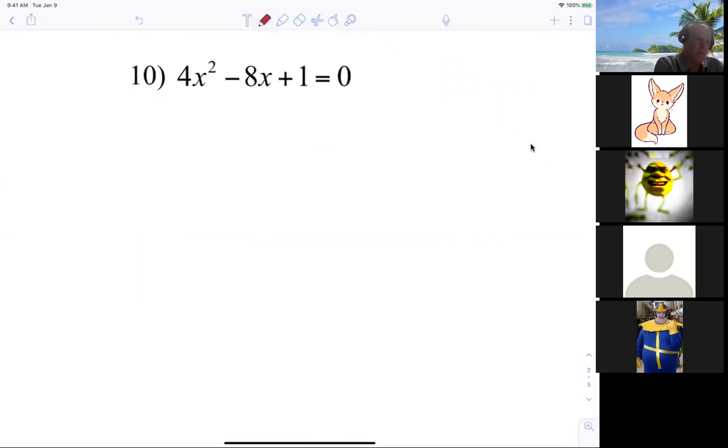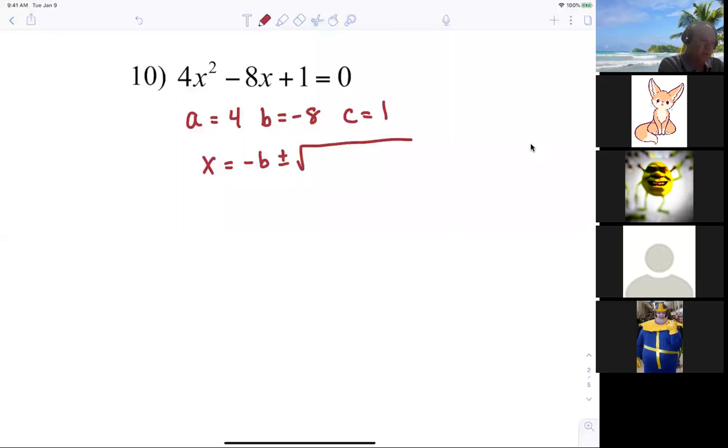All right. So here we have A equals 4, B equals negative 8, C equals 1. Again, writing the formula, x equals negative b plus or minus the square root of b squared minus 4ac all over 2a.